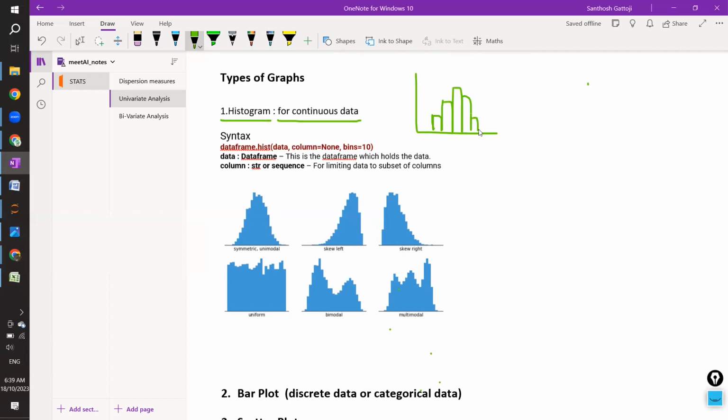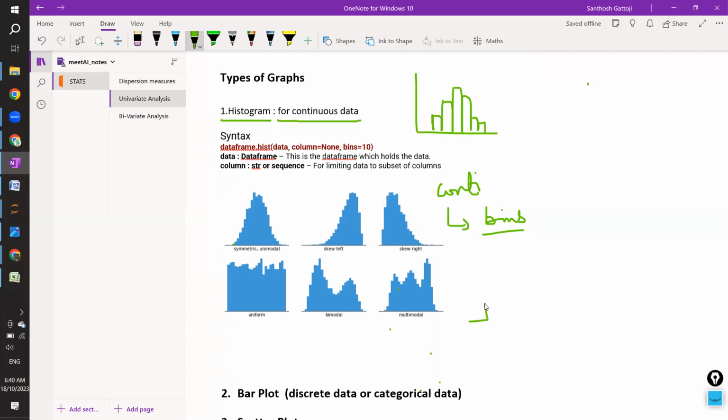As you can see, these are all bins. Whatever you are seeing as these peaks, wherever you are able to see a column sort of thing, all those are bins. As I said, for continuous data we are creating bins, so that's why these are called different bins in the histogram.